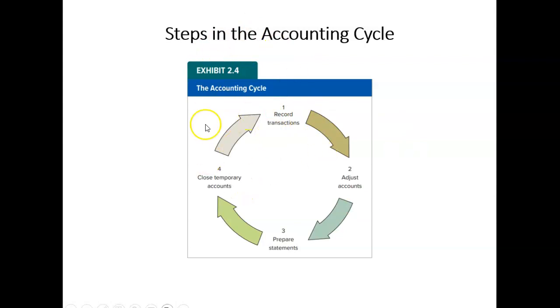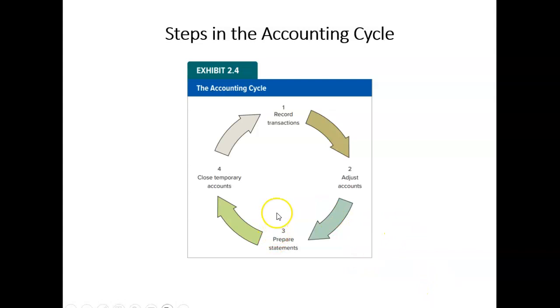So these are what we call the steps of the accounting cycle we've covered in chapters 1 and 2. First, you record your transactions utilizing the accounting equation. You make any required adjustments at the end of the accounting period to make sure that any revenue earned has been recognized and all expenses have been accounted for. Once you make those adjustments, you then prepare your financial statements.